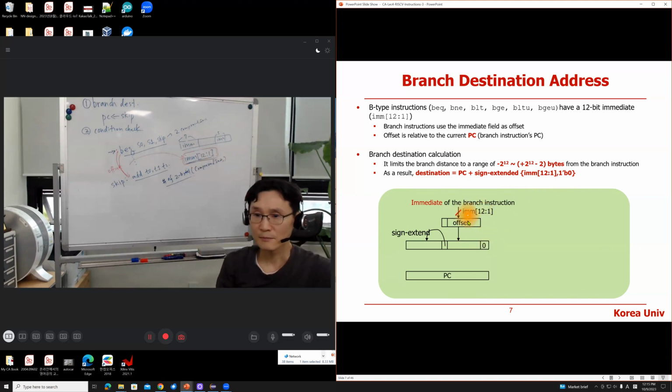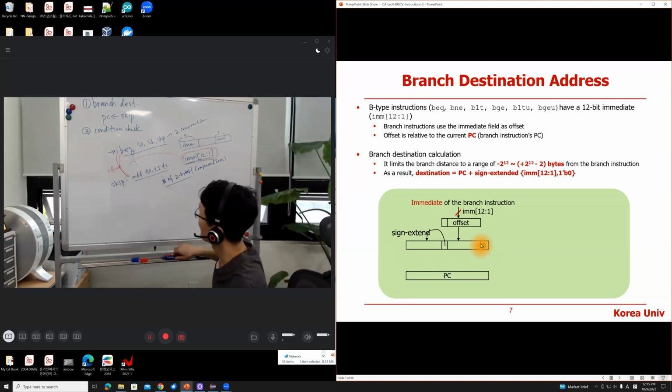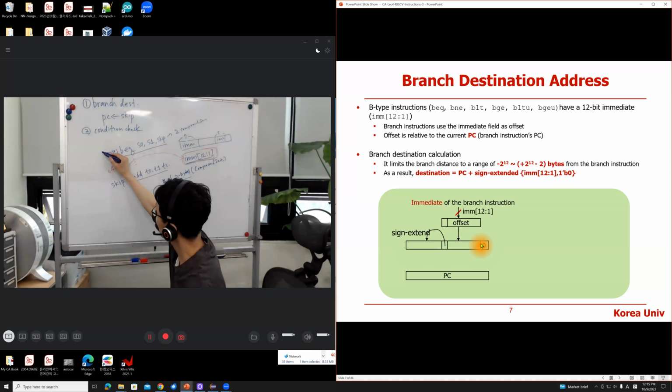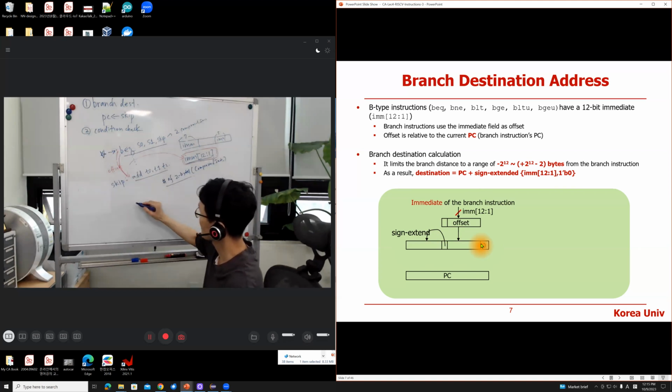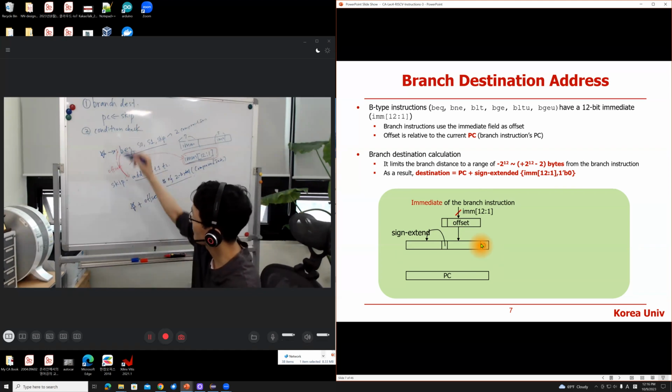Then based on the MSB, the most significant bit, which is immediate 12, hardware should do sign extension. So you want to create 32 bits, and then add the location of the branch instruction. So this location plus this offset, that is the operation you want to do. That is one branch destination.